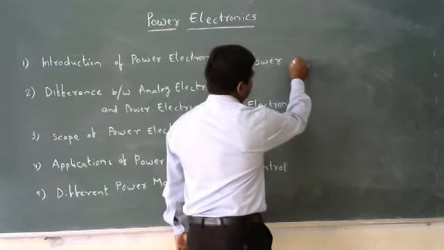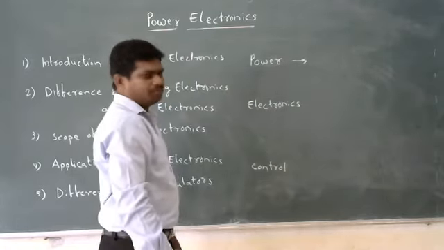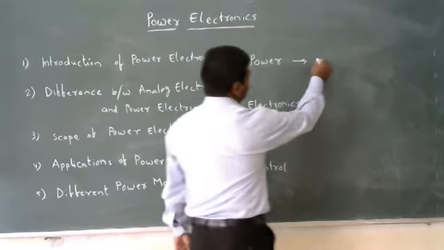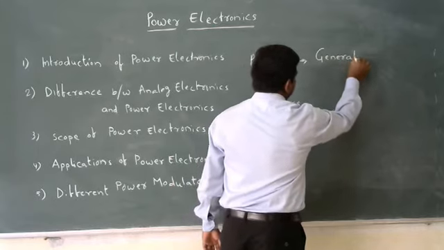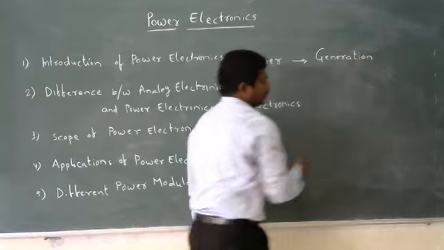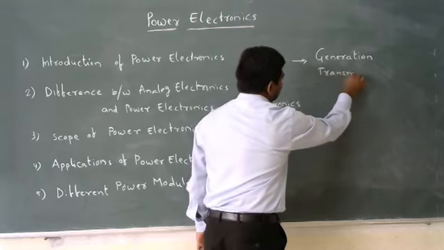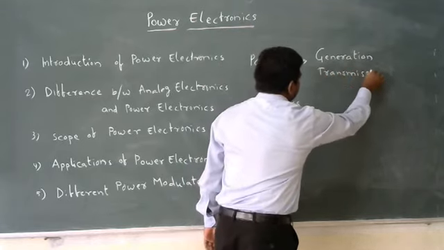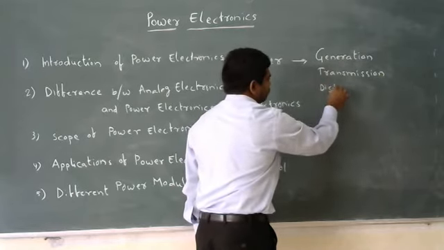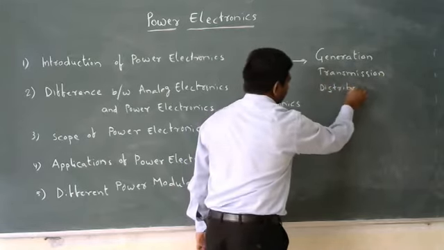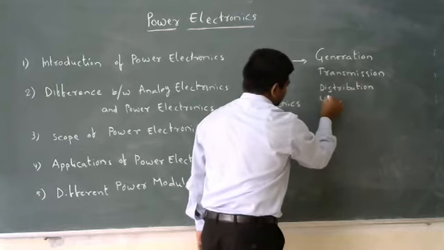But basically, power. When we see the power, it has four different types of terms: generation, transmission, distribution, finally utilization.